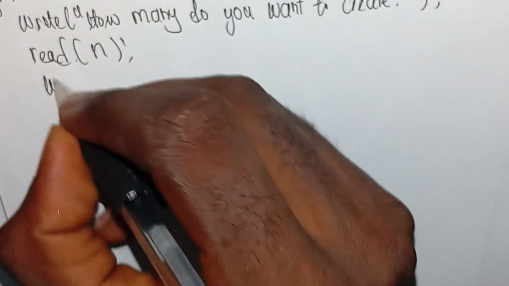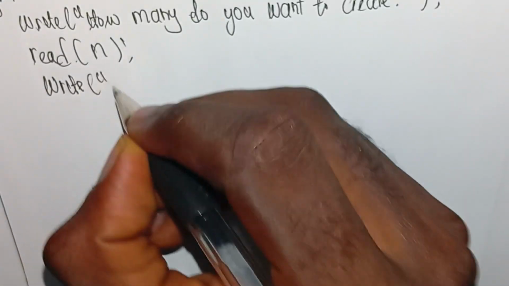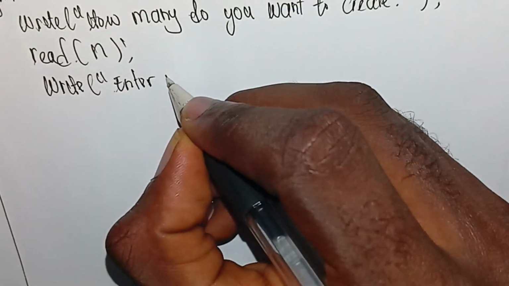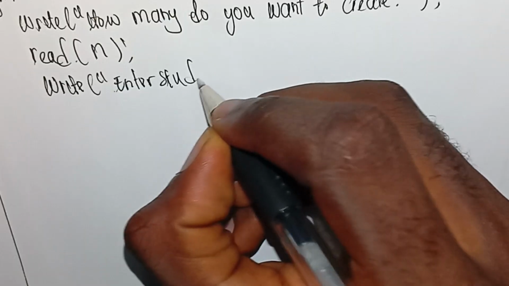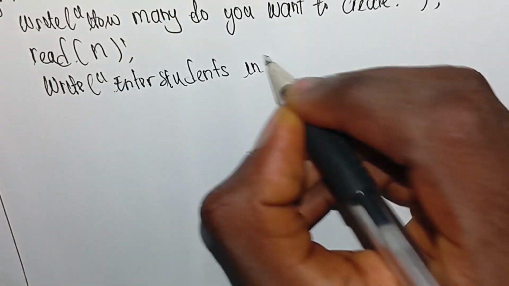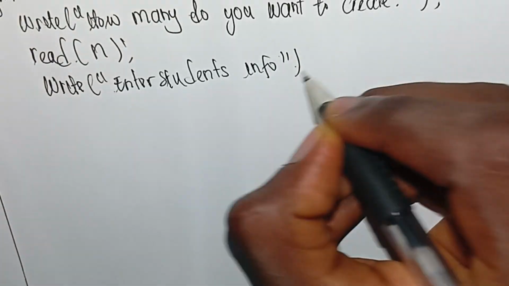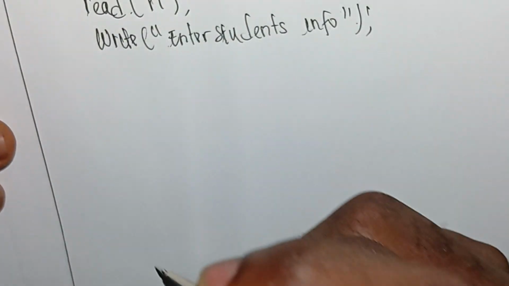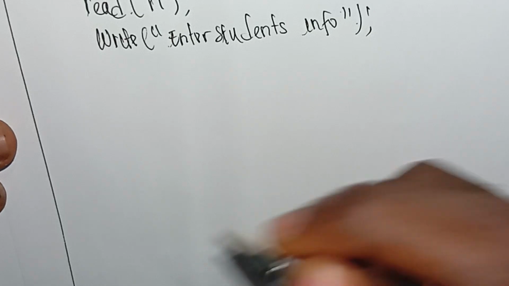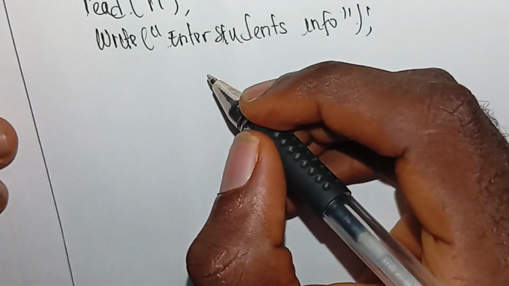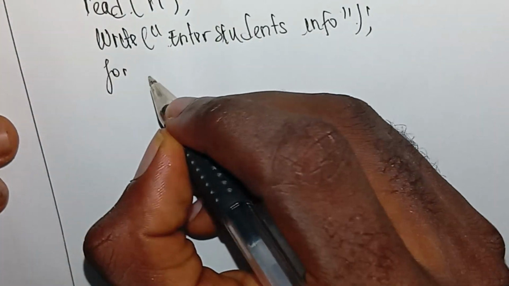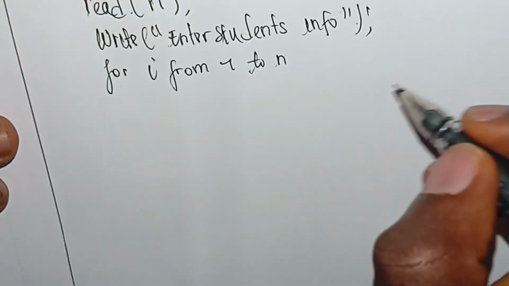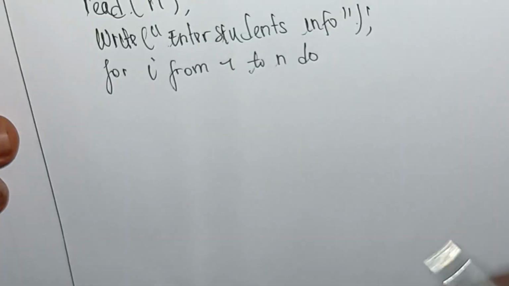Now, the next thing we want to display is a message asking the user to enter the student's information. Enter student's info, short for information. Now, once we have this information, we don't want to enter this information manually. We don't want to have to store this information manually, so we could use a loop for I from 1 to n, where n is the size of our array, do.